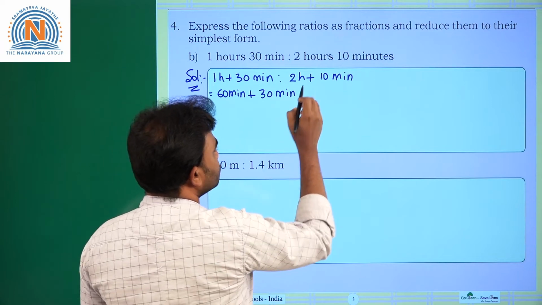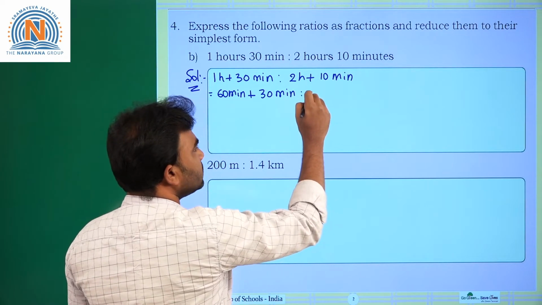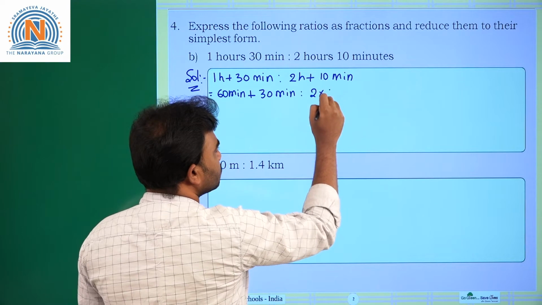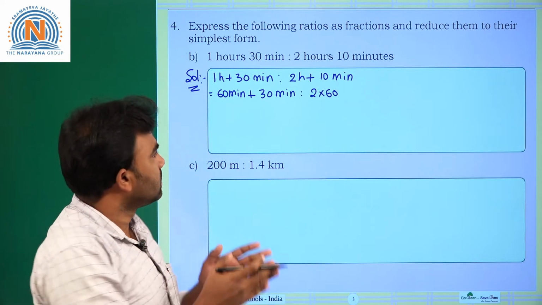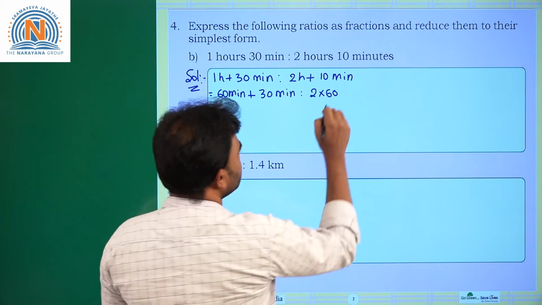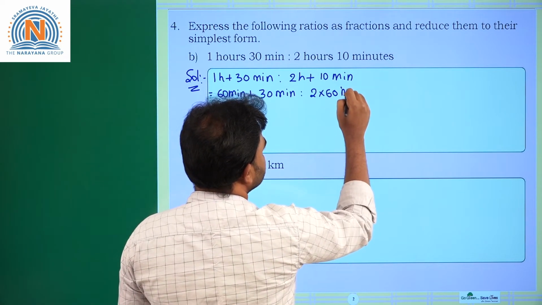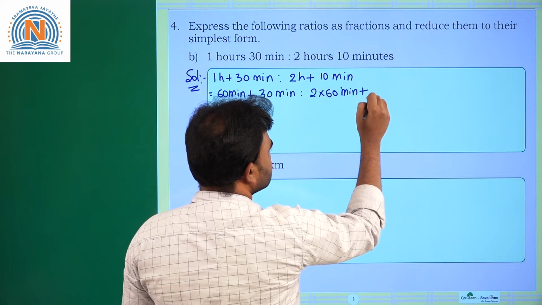is to 2 hours, which can be written as 2 into 60, as we know that 1 hour is equal to 60 minutes, then 2 hours is equal to 2 into 60 minutes plus 10 minutes.